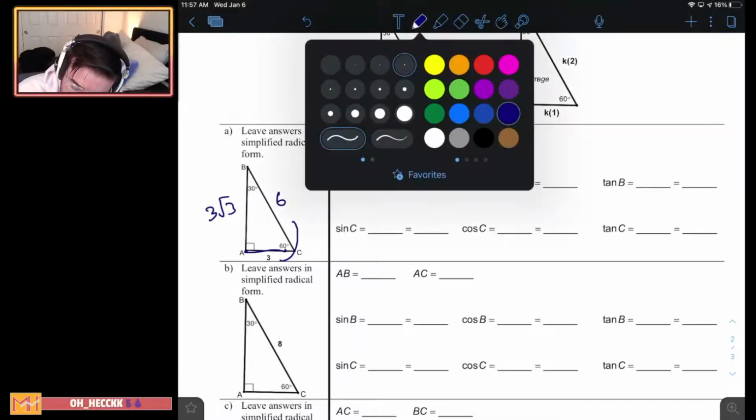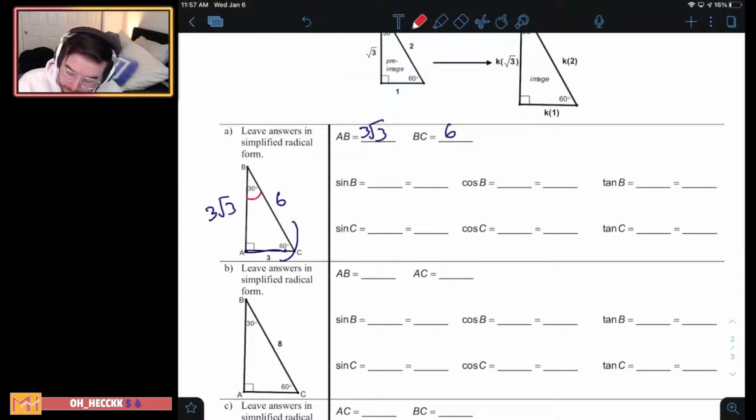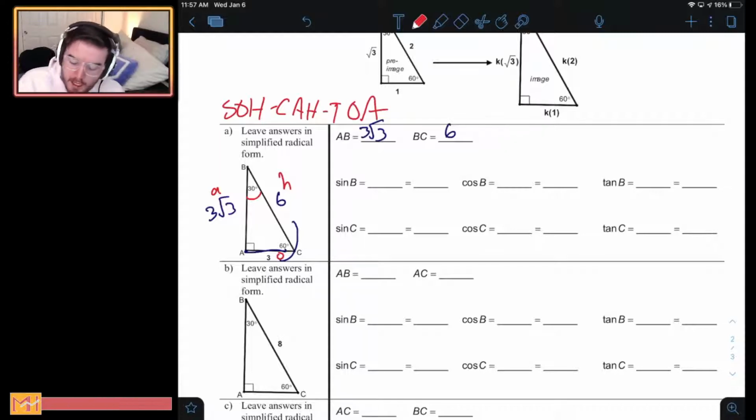And now we find sine of b. Sine of b, that's opposite over hypotenuse. Remember SOHCAHTOA from the previous video, I mentioned that. So sine is opposite 3 over hypotenuse 6, which reduces down to a half. So sine of b, or sine of 30 degrees, that's what b is, is a half.